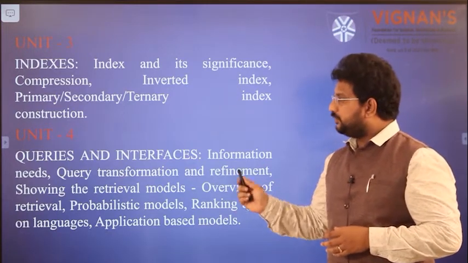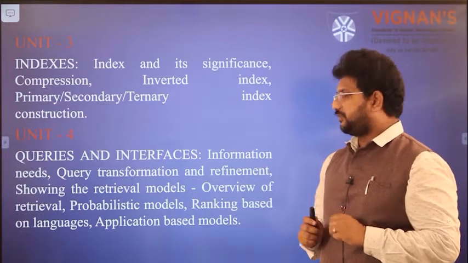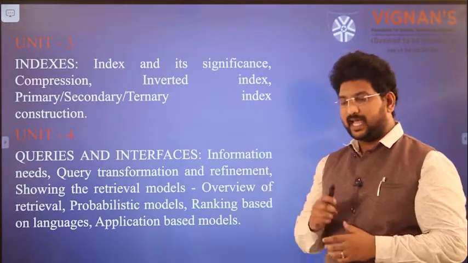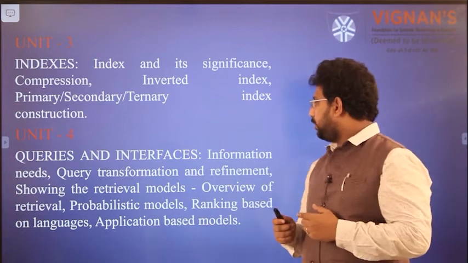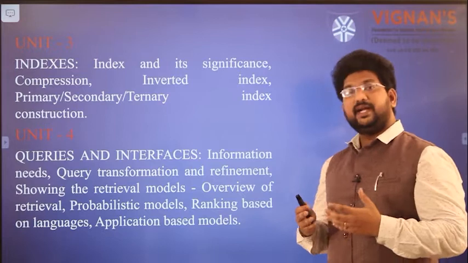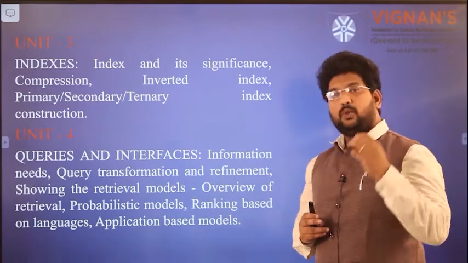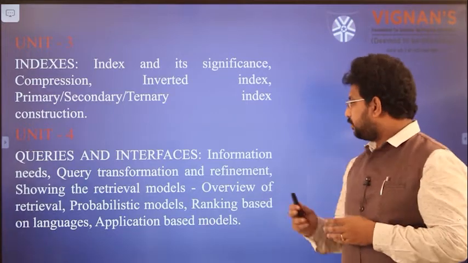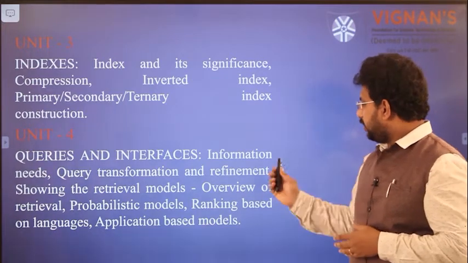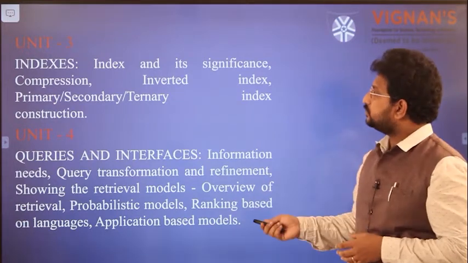As part of Unit 4 we will learn about queries and interfaces, the need for information, different query transformation and refinement techniques, and different retrieval models: probabilistic models, ranking based on languages, and application-based models.